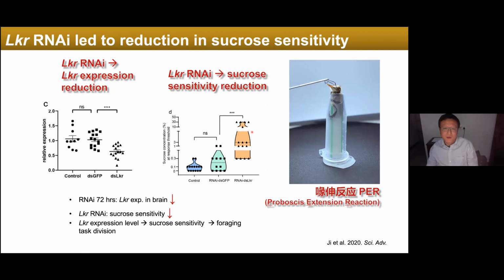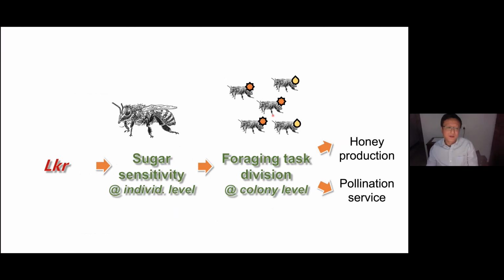And perhaps most importantly, knocking down the gene apparently reduced sucrose sensitivity, which is what we would expect. So with this work, we managed to show that LKR is directly relevant to sucrose sensitivity, and it can modulate the level of sensitivity to sucrose, which could in turn be translated into foraging task division.